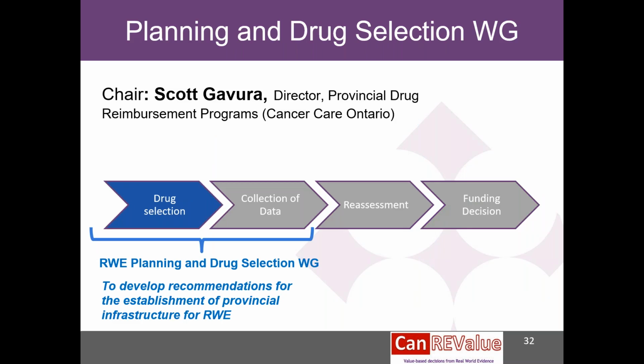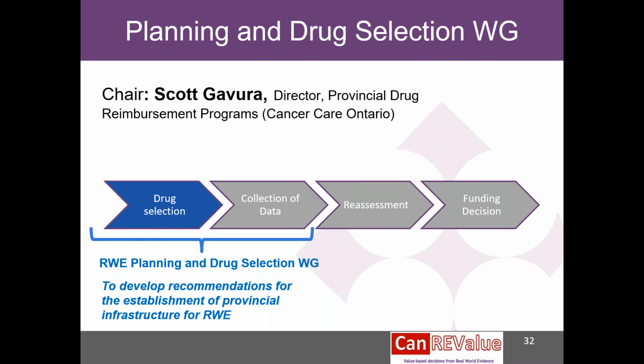So if I think about the sequence chronologically, not that there's any particular order to each part, but just for convenience, first we probably want to think about how to plan and select real-world evidence projects, drug indication projects.